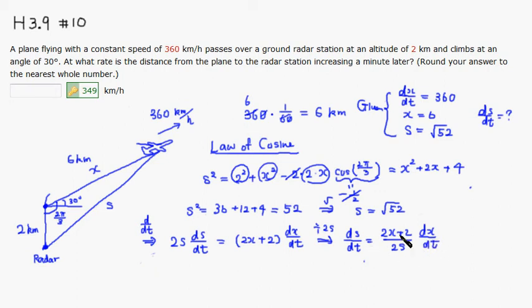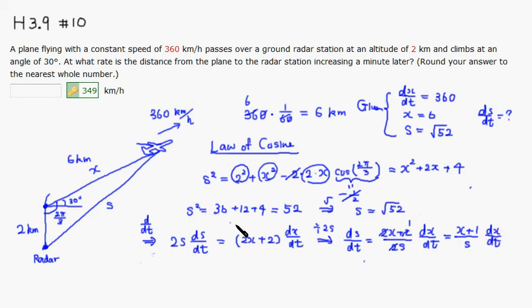We can pull out the 2 and cancel it out, so you basically get x plus 1 over s times dx over dt.